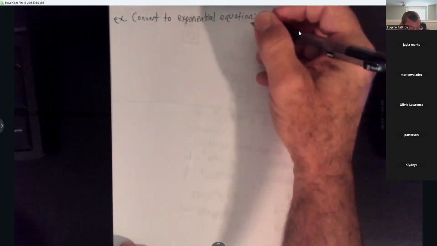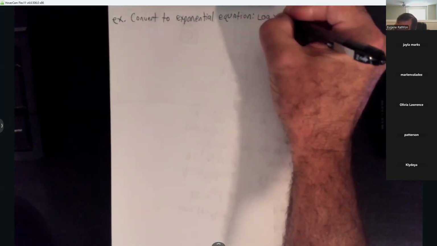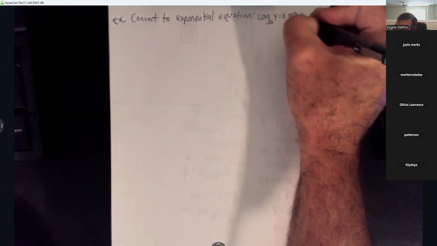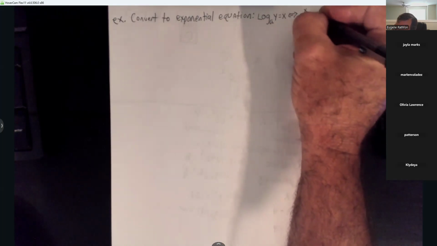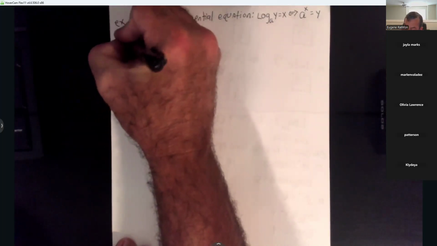And y'all, I'll write my conversion up here. Remember, I had log base a of y equals x. And then this was a to the x equals y.